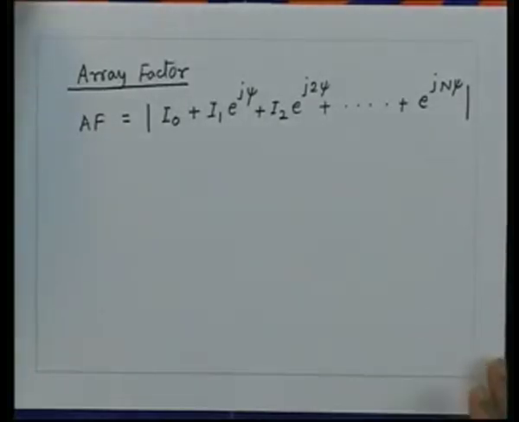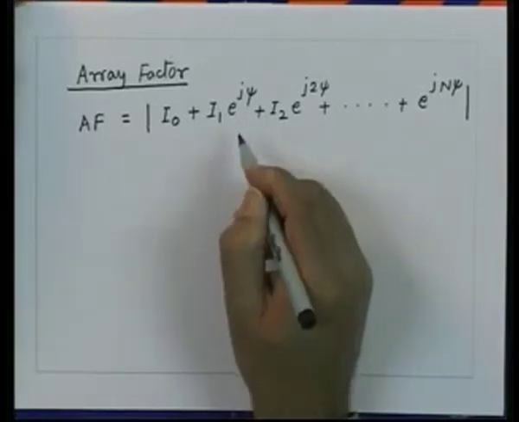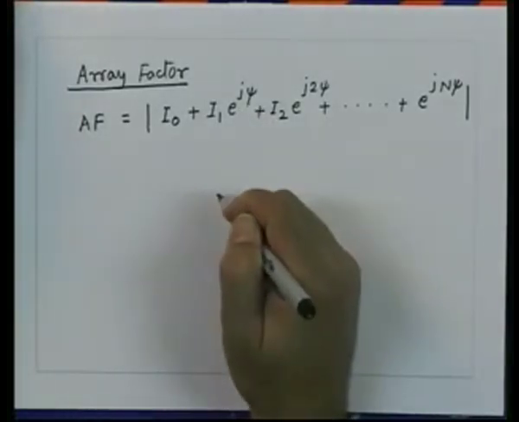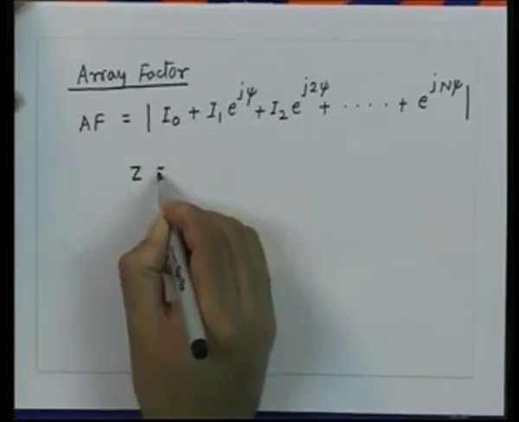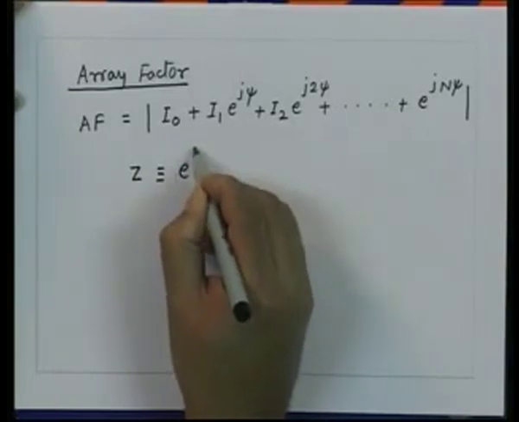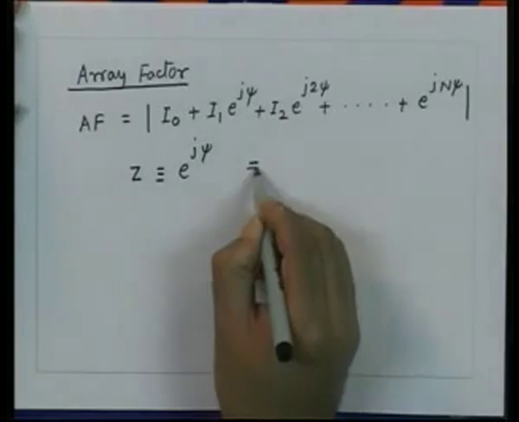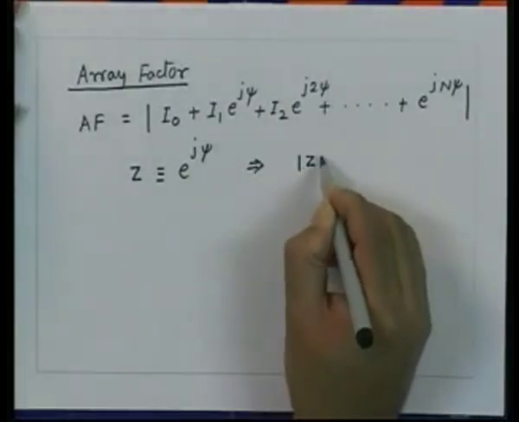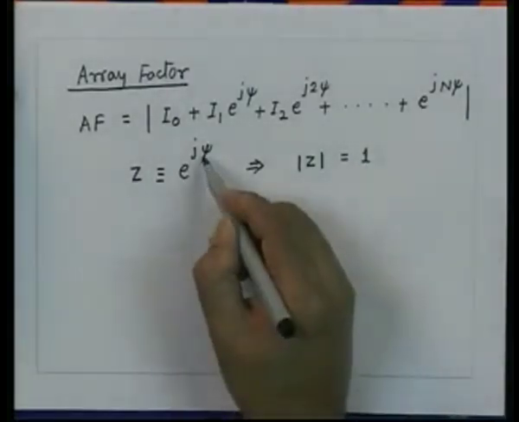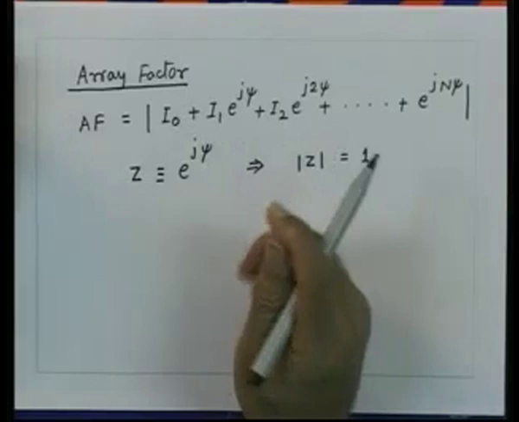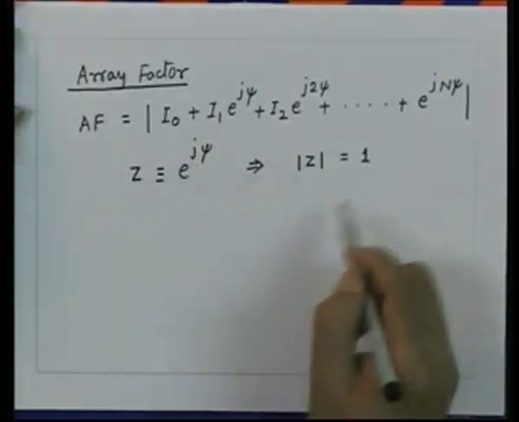Now, let us define this quantity e to the power j psi, which represents a complex number with unit amplitude. So, let us define some quantity z, that is e to the power j psi. That means mod of z is equal to unity. As the value of angle phi changes, essentially the phase of this quantity z would change.